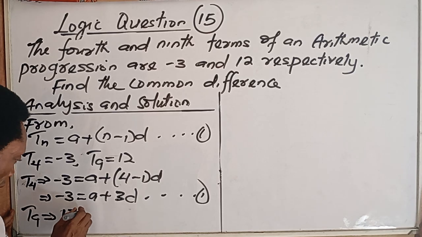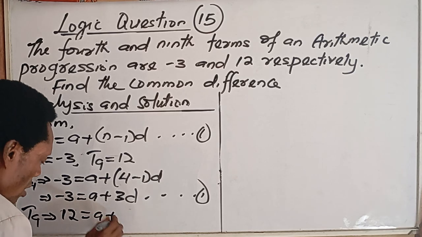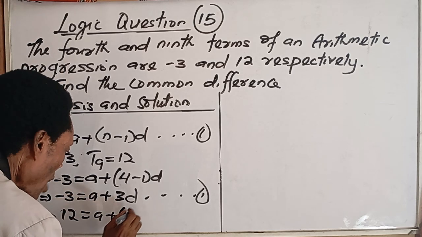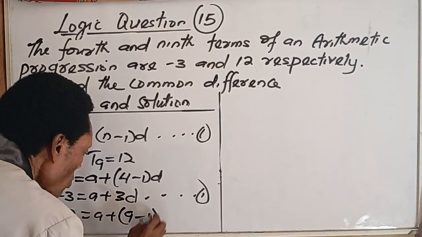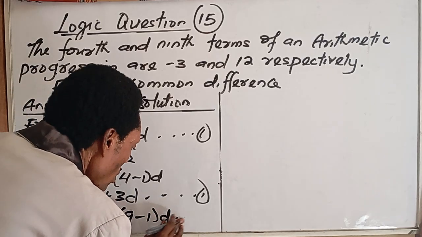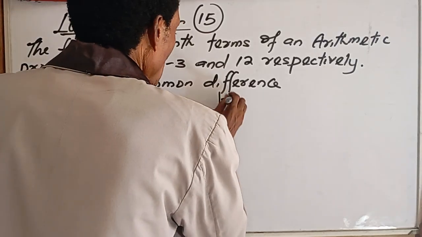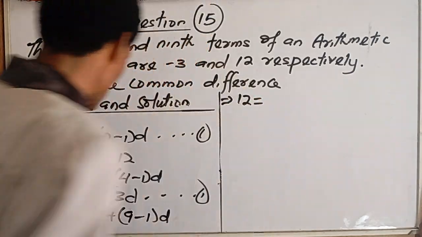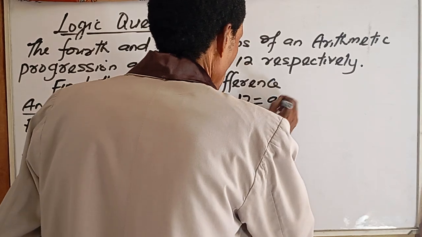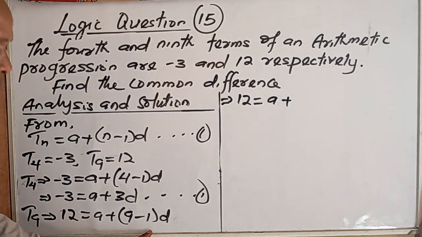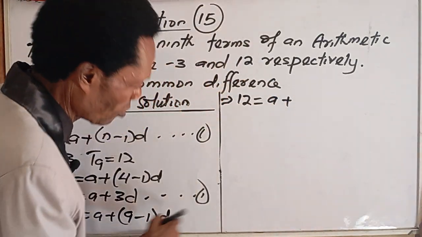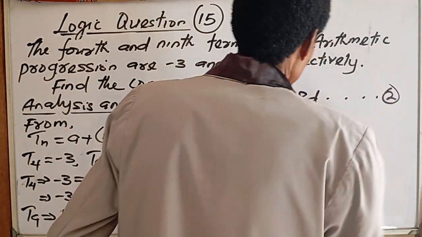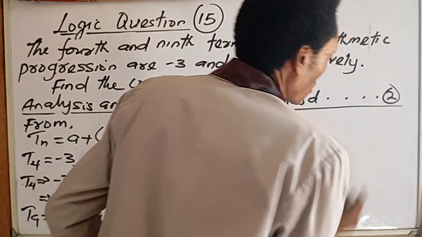That is, 12 equals A plus 8d, since 9 minus 1 is 8. We give this as equation 2.